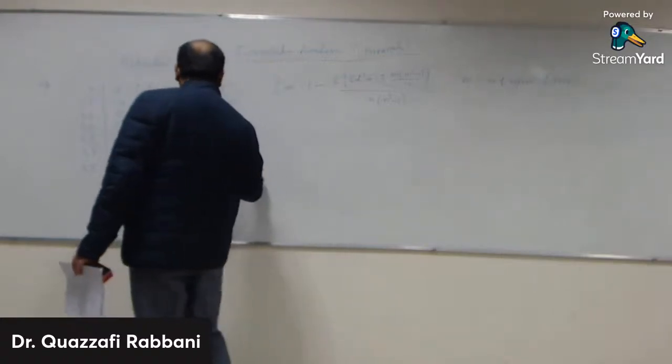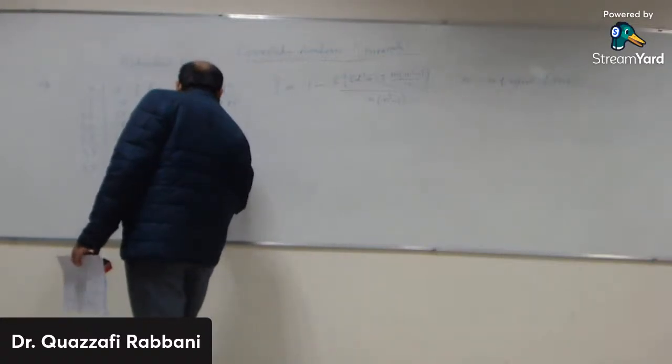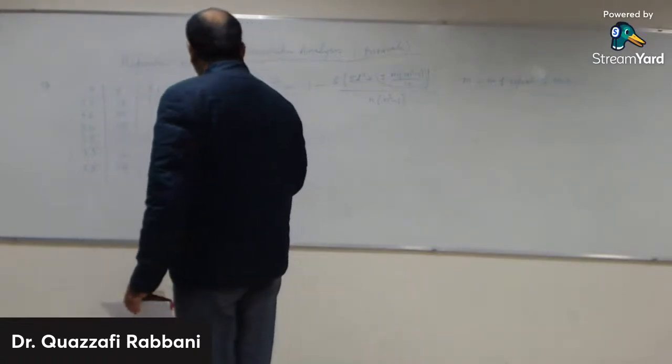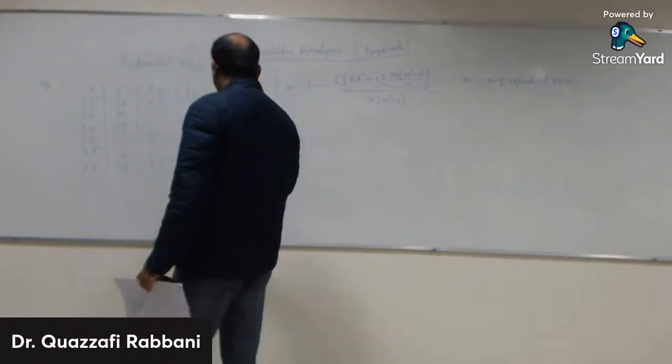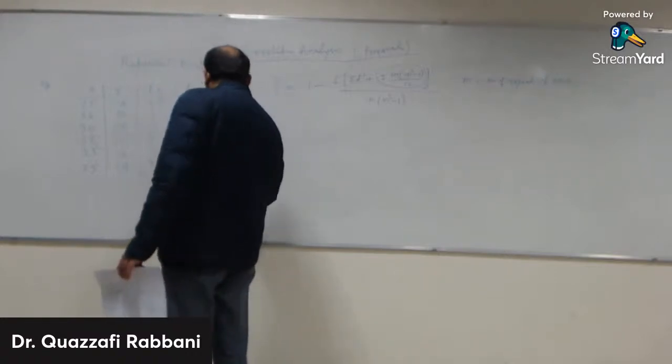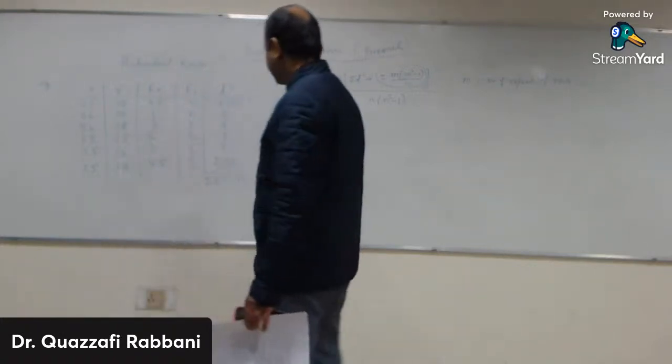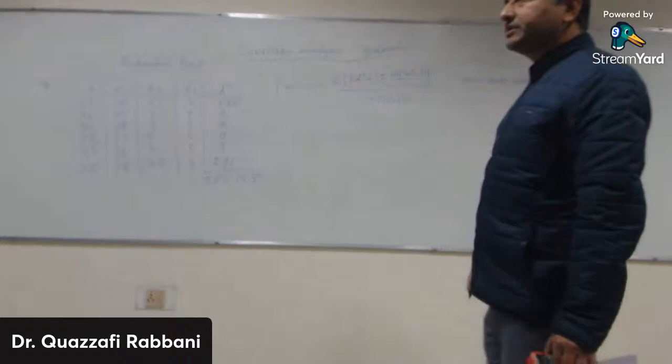Now taking the summation, summation d square is 13.5.